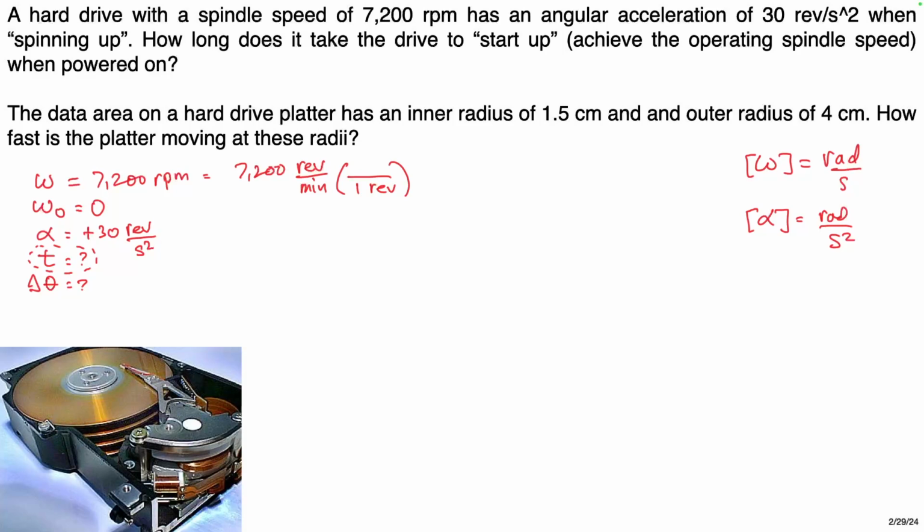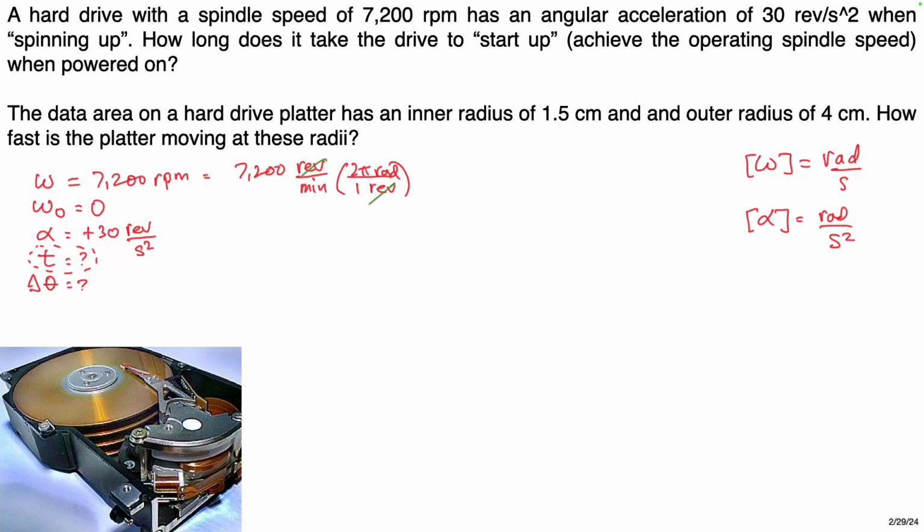You go around a circle once, you've done 2 pi radians. For every one revolution of a circle, there are 2 pi radians. Okay, so we've managed to wipe out the revolutions. That's good. I got radians per minute now.